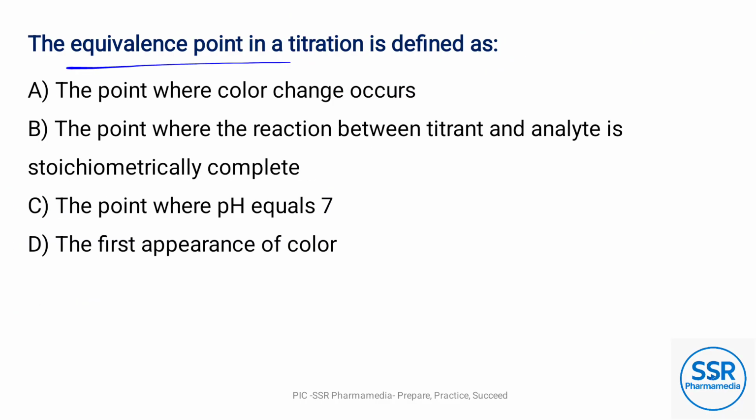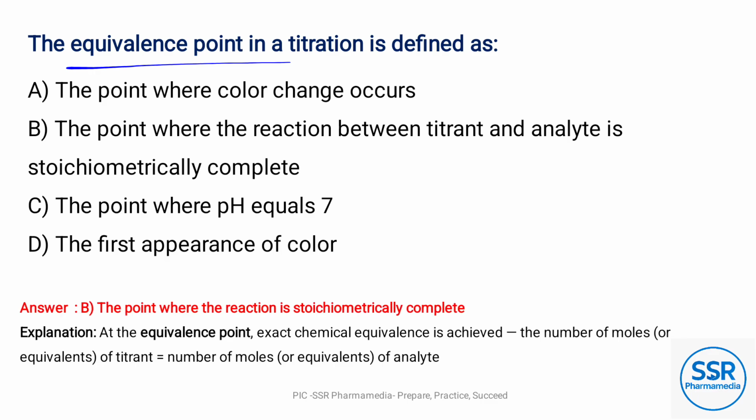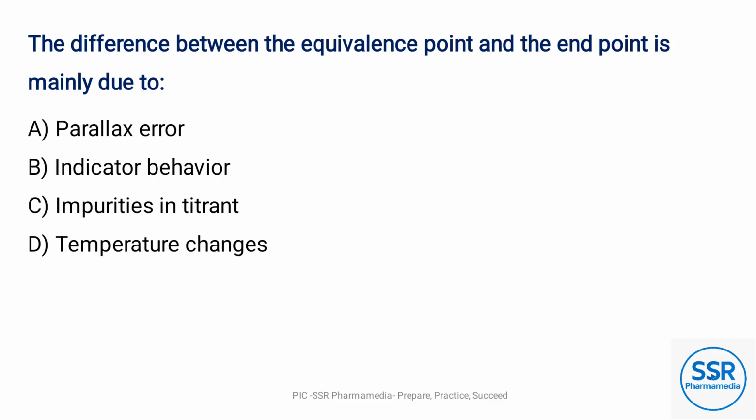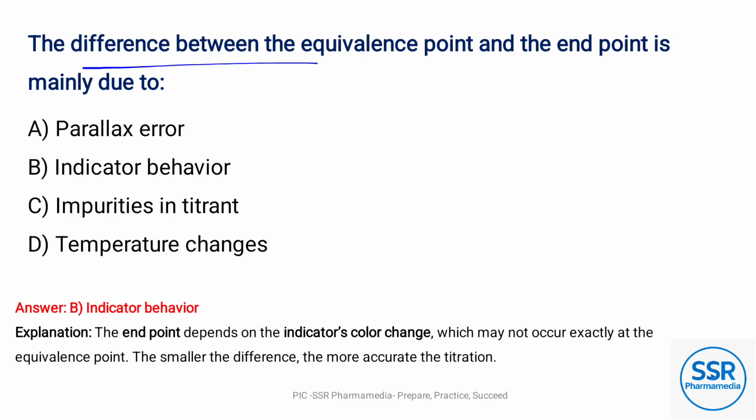The equivalence point in a titration is defined as, so the answer is option B, the point where the reaction between titrant and analyte is stoichiometrically complete. The difference between the equivalence point and the end point is mainly due to the indicator behavior.